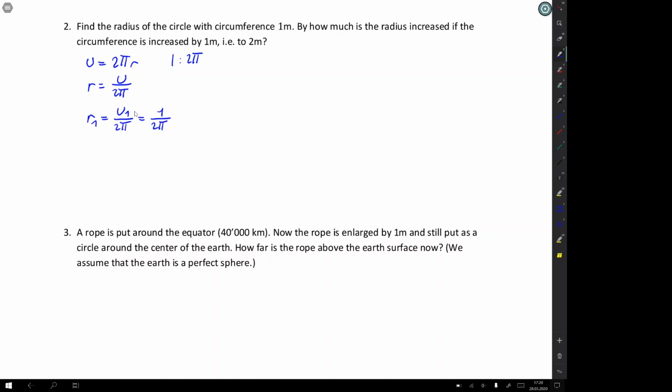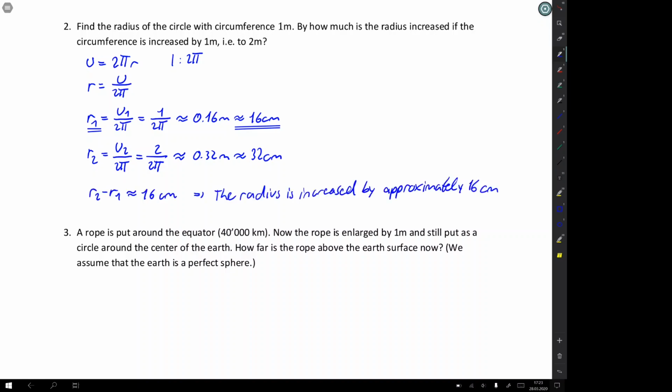So r1 is u1 divided by 2 pi, so 1 divided by 2 pi, and we get that the radius of a circle with circumference 1 meter is approximately 16 centimeters. For the radius of the second circle with circumference 2 meters, we get approximately 32 centimeters. And so we find that the radius is increased by approximately 16 centimeters.